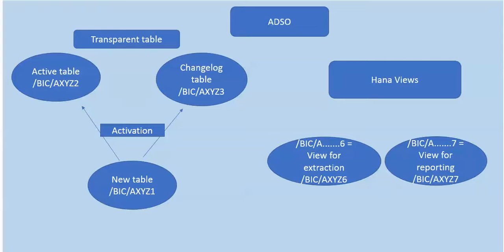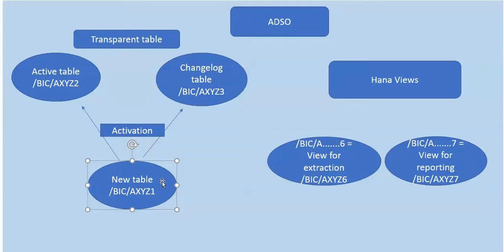When you are using an ADSO for data loading, for example loading data from one ADSO to another ADSO, the first request will come to the new table, as I have marked here.